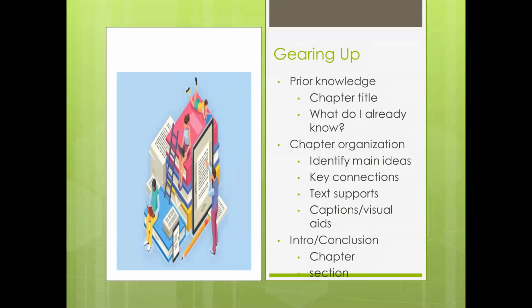Now, when you gear up for reading a social science text, of course, you should follow the gearing up questions and suggestions that have been described in earlier chapters of this text. That includes queuing up your prior knowledge.